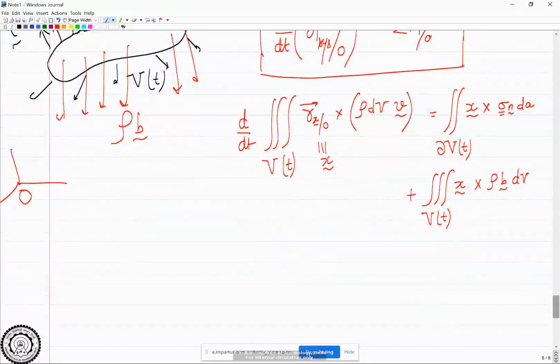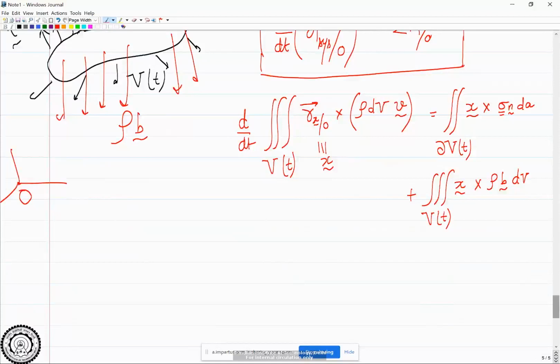Anybody having a problem? Yeah, excuse me, sir. Sir, in the current configuration, we are taking body force as rho b. But it should be the same in the reference configuration as the mass is conserved.